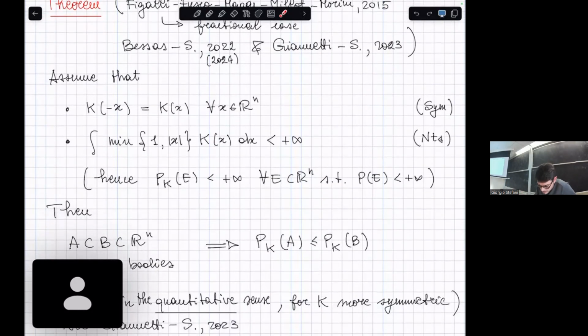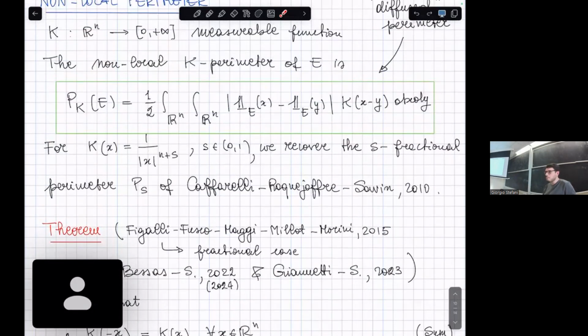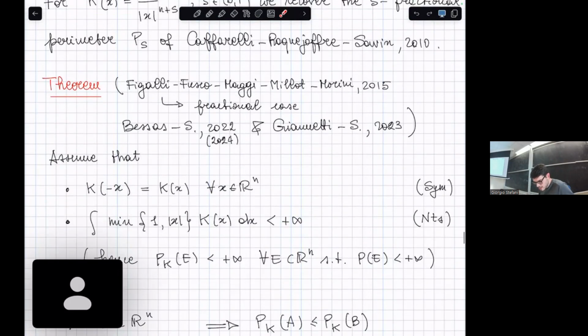The important assumption is this thing here. So I've said this is a perimeter, but if I put, say, the ball, so I consider the perimeter of the ball, so E is a ball. Do we know that this thing is finite? It's for sure non-negative, but is it finite? Well, in general, no. It depends really on this kernel here. You have to assume something, and what you need to assume is this.